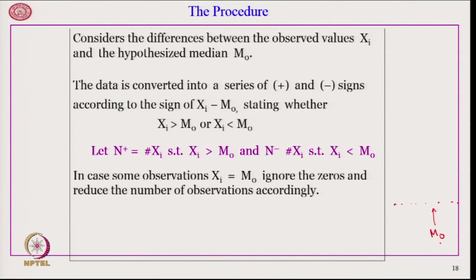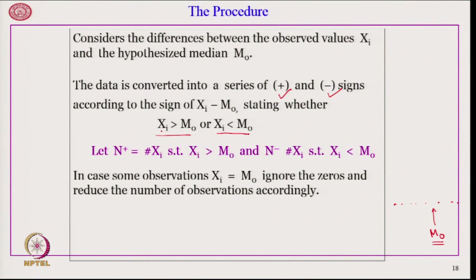We want to see with respect to m naught how the observed values are distributed. In order to test that, the data is converted into a series of plus and minus signs according to the sign of x i minus m naught, stating whether x i is greater than m naught or x i is less than m naught.